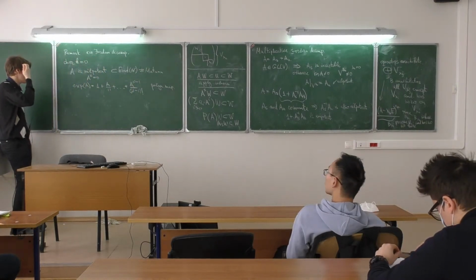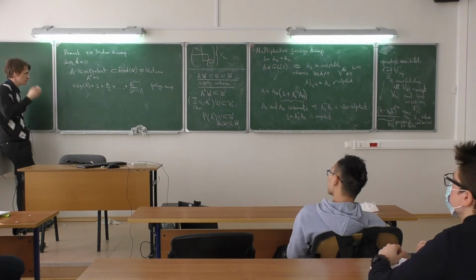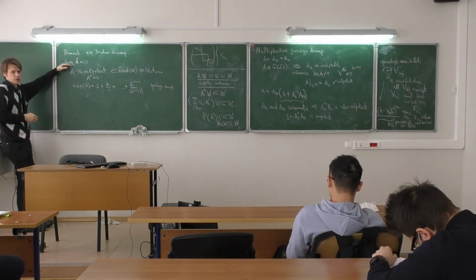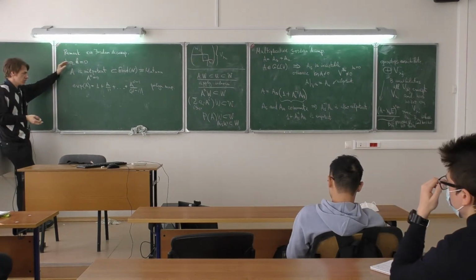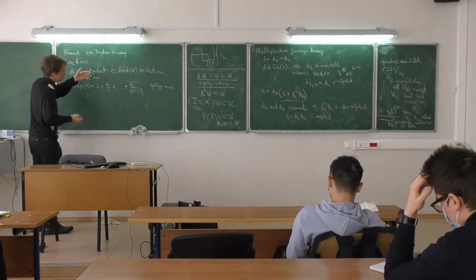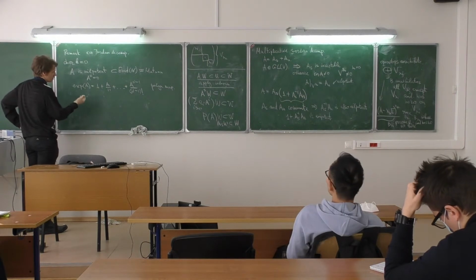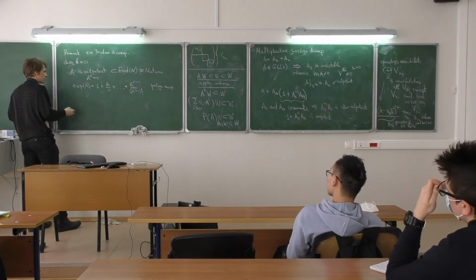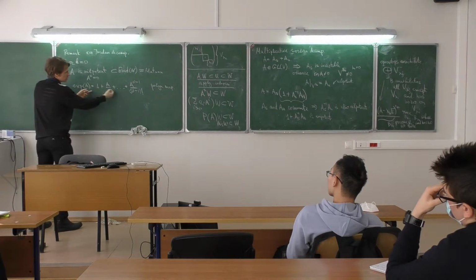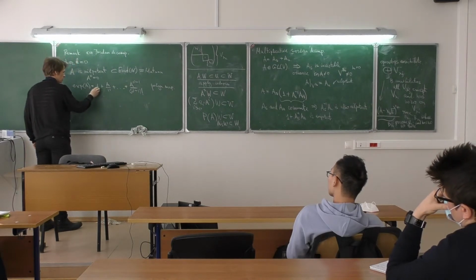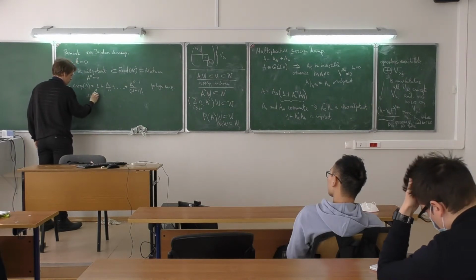So you can consider this exponent, because the characteristic is 0. So you can take the exponent and what you get is a unipotent operator. So this is a unipotent operator.